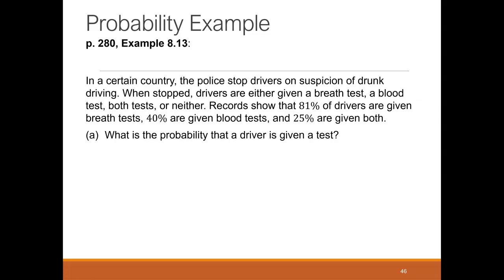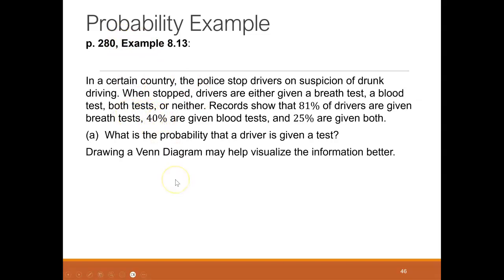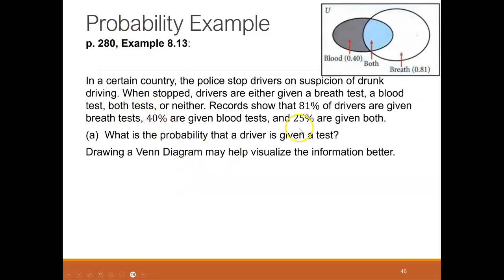Let's draw a Venn diagram here to represent this, because a lot of this, it said, can overlap, right? So I have my blood test, my breath test, and then both would be the intersection of the two.